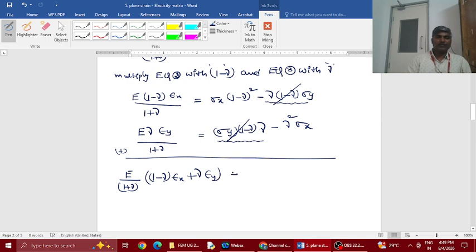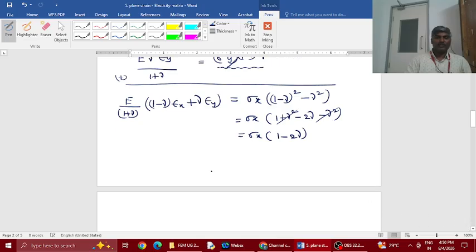from this, which is equal to right hand side you see sigma x common, 1 minus nu whole square minus nu square. Okay, so this if you expand like a minus b whole square, a square plus b square minus 2ab, minus nu square is already there. So this plus nu square minus nu square goes. So what you have here is 1 minus 2 nu.